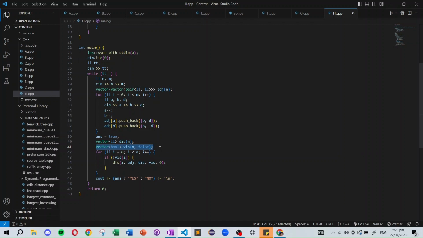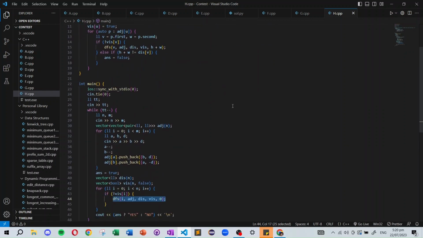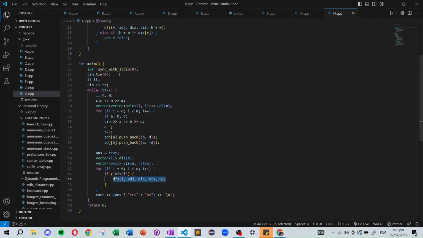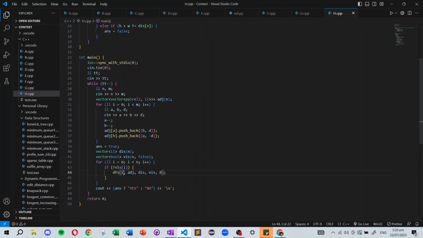So if it's not yet visited, we know that the distance is not yet computed before. So for each connected component, that is by checking whether the node is not yet visited, we traverse using DFS in the graph. So we start with any vertex in that connected component, and let's place that representative at point 0.